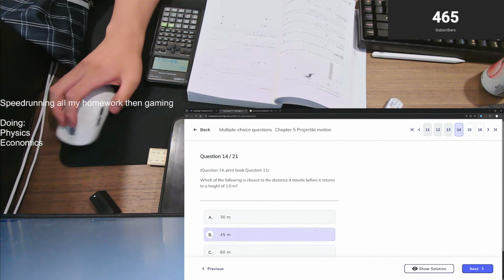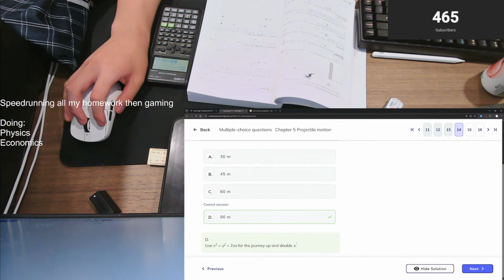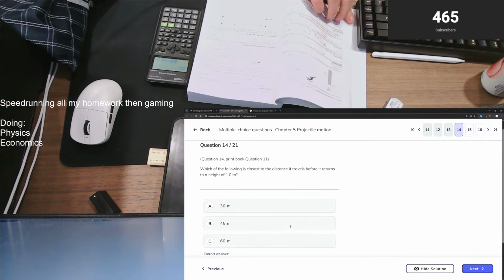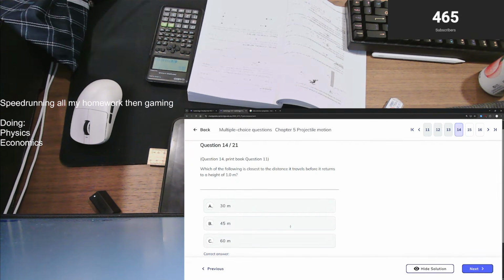X equals S. I don't get it. Height of 1 meter. Which one of the following is closest to the distance it travels before it returns to a height of 1 meter? Distance it travels.